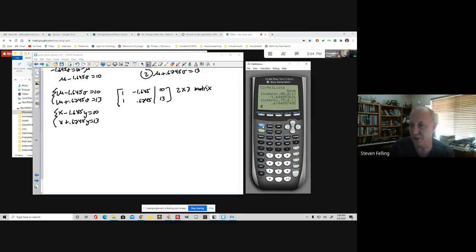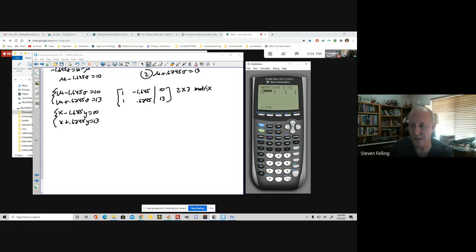If you have a TI-83 or 84, you can go second and then matrix, the fourth key down, go over here and edit matrix A, set it to be a 2 by 3 matrix, and then enter these coefficients. So 1, negative, using the negative key, 1.645, and then, oops, I made a mistake there, so let me get back in. You can always just start over if you have to.